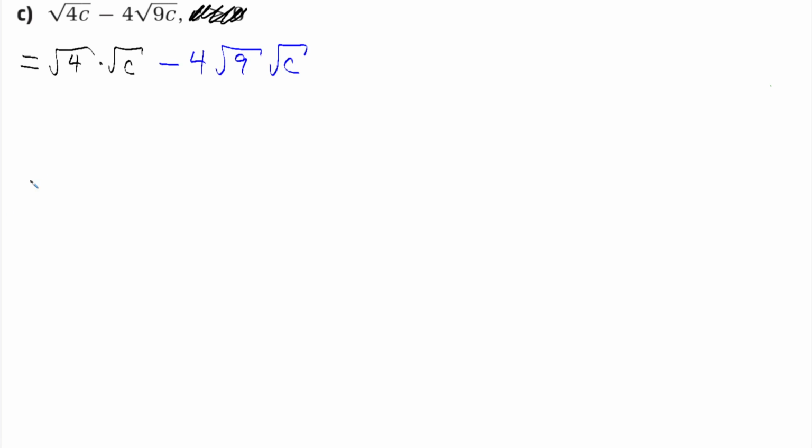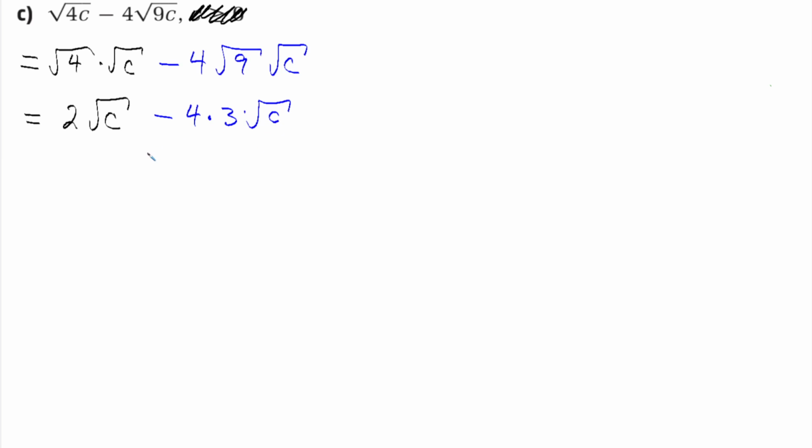Square root of 4 is 2, so root 4 root c is 2 root c, and square root of 9 is 3, so this becomes minus 4 times 3 times root c, not root 3. C. There we go.